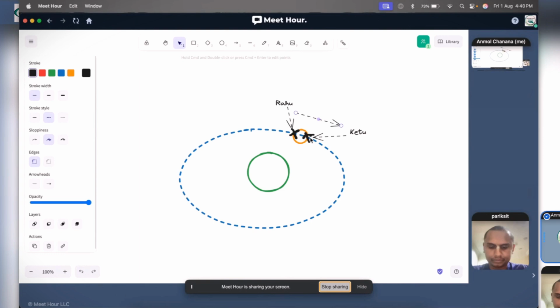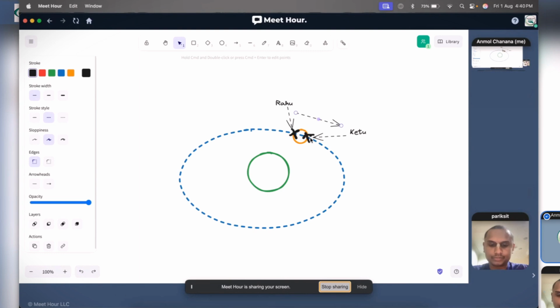By element, I mean they can represent fire, earth, ether. Ether means space. They can represent air, and they can represent water. So five elements they can represent.